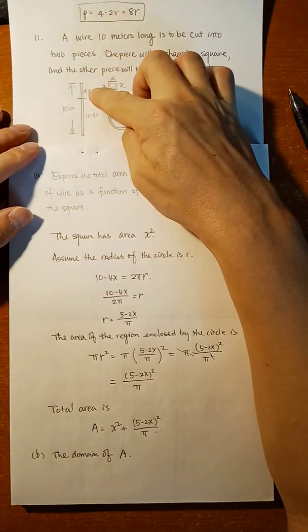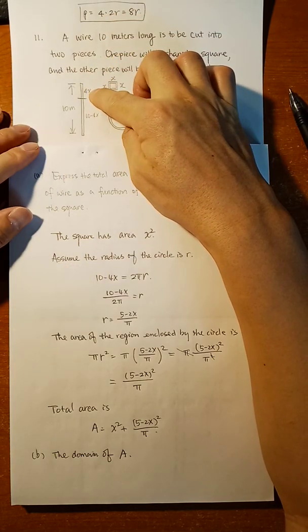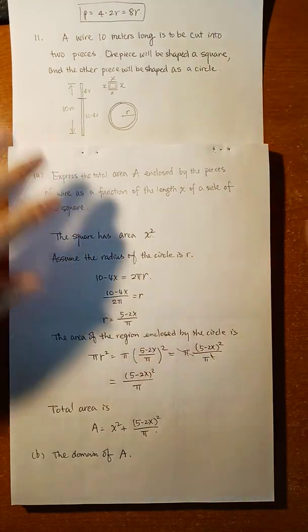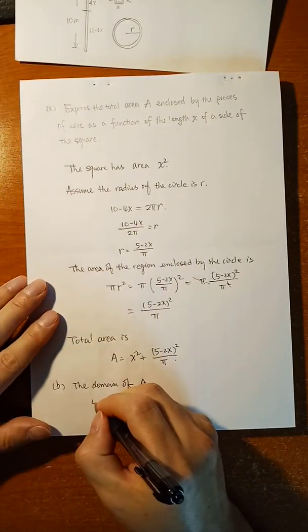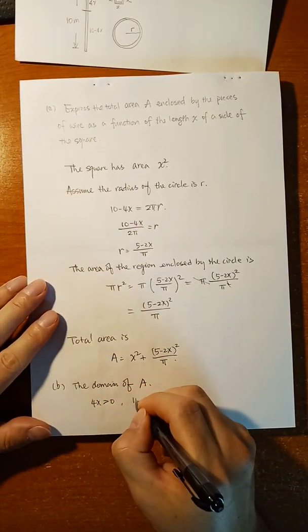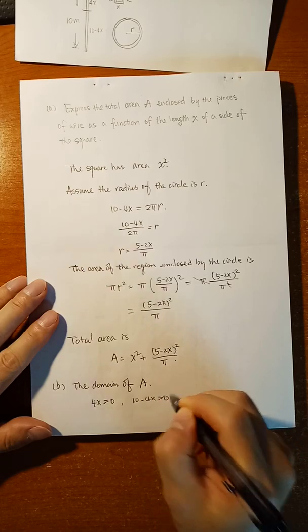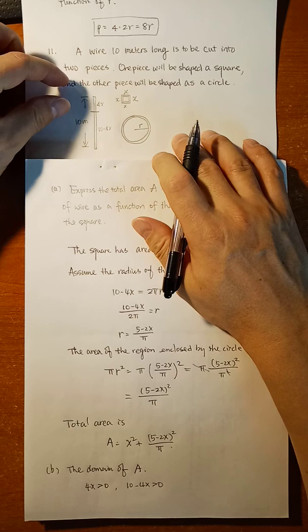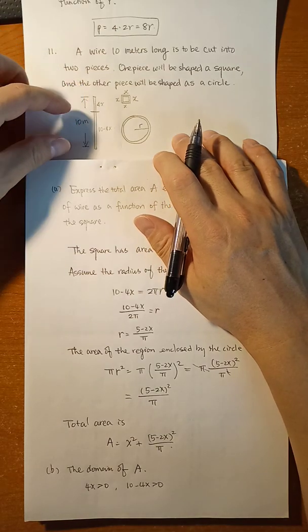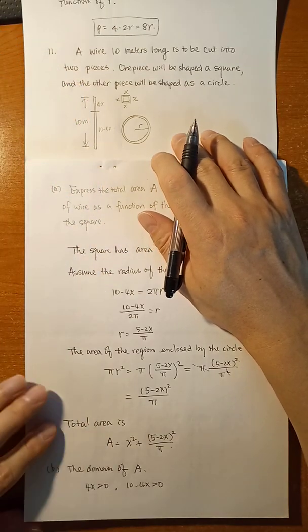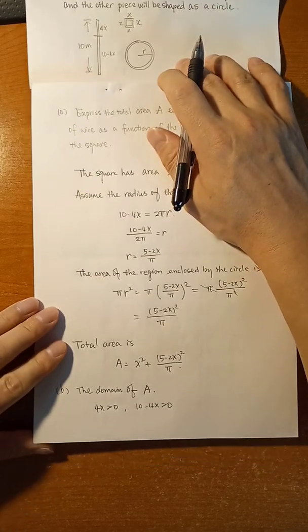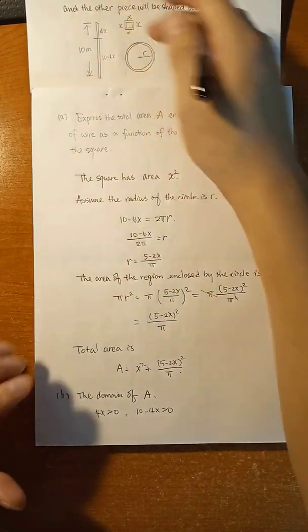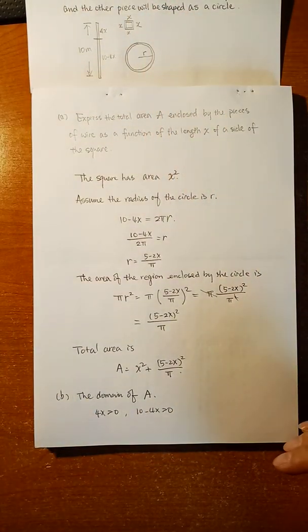You have 4x greater than 0. You also have 10 minus 4x greater than 0, right? Two parts. The top part is really a wire. The bottom part is really a wire. That's the only requirement. Once you get those two segments, you can construct a square and a circle.